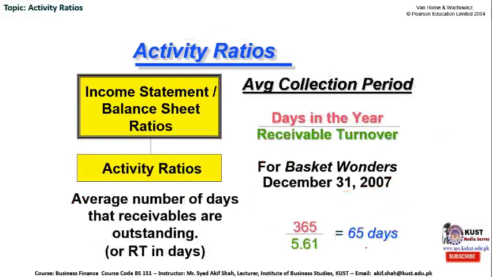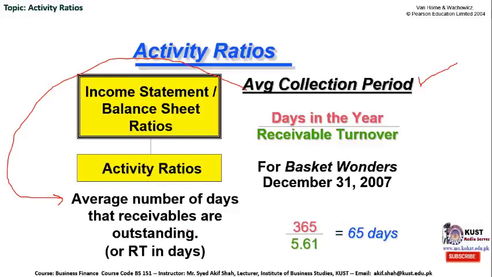Here is another activity ratio related to account receivable turnover, which tells us about the average number of days required to collect its account receivable. Therefore it is known as the average collection period calculation, and this ratio tells us about the average number of days required by the company to collect its outstanding receivable.